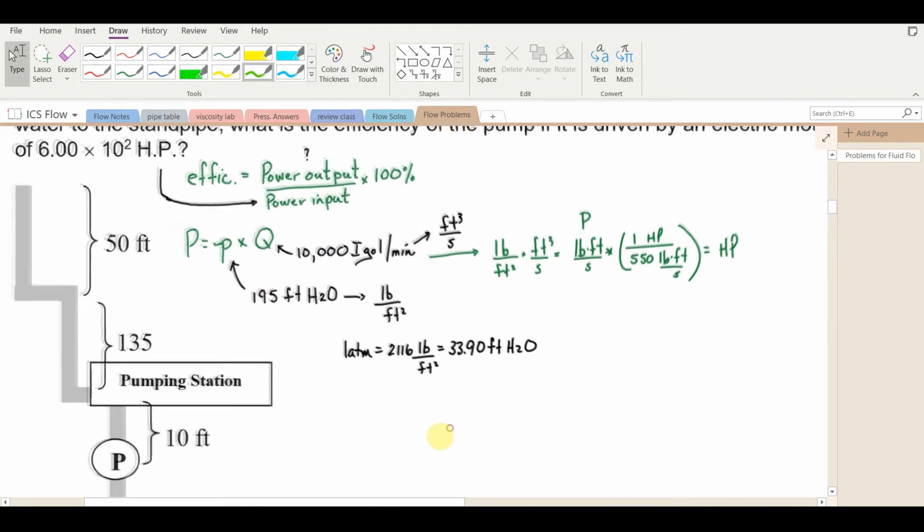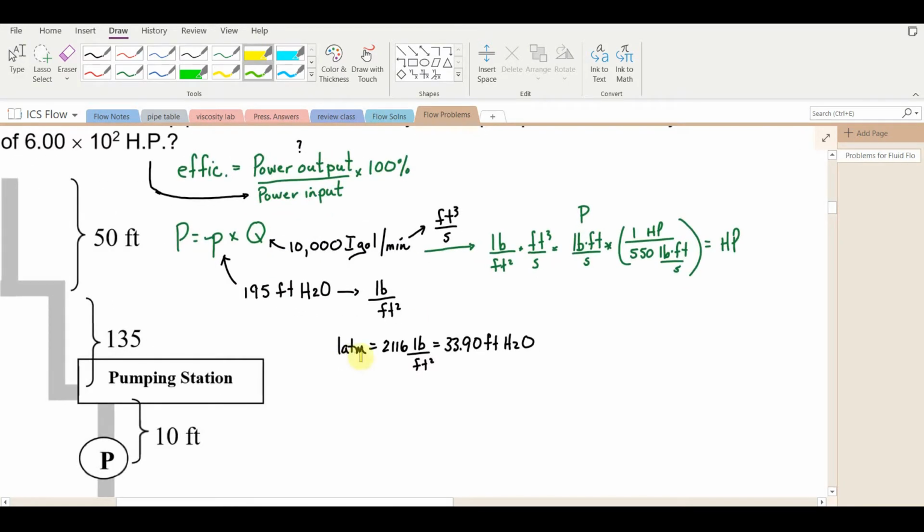Recall that 1 atmosphere is 2,116 pounds per square feet, or 14.7 psi, and that's 33.9 feet of water. So you can use this term here as a conversion factor to convert 195 feet of water to pounds per square foot, multiply it by the volumetric flow rate in cubic feet per second.